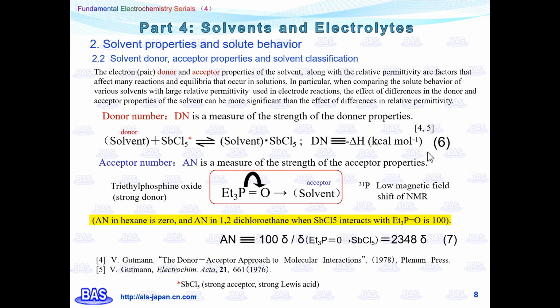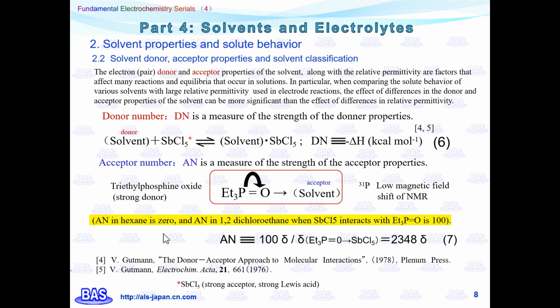On the other hand, the acceptor number is measured when there is an interaction between the dissolved trialkylphosphine oxide in the sample solvent and the solvent, in which case the NMR low magnetic field shift delta of phosphorus-31 is measured using n-hexane as a reference.